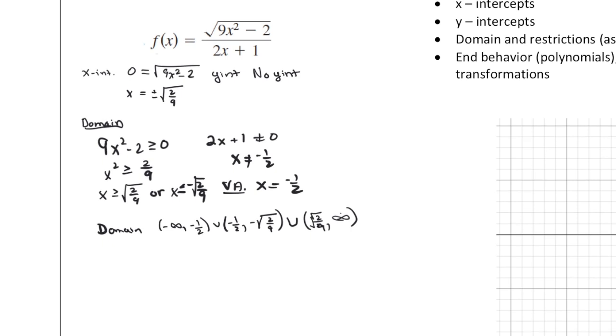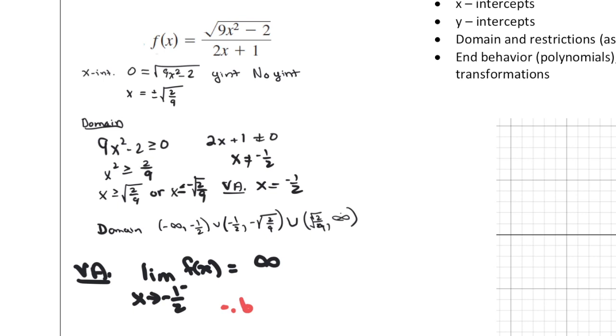So now let's look at our vertical asymptotes. We're thinking about the limit as x approaches negative 1/2 from the left of our function f of x. If I'm on the left, we know that the answer has to go to infinity or negative infinity. On the left side, I might be thinking about negative 0.6. When I do my substitution, the numerator is positive and the denominator is going to be negative.